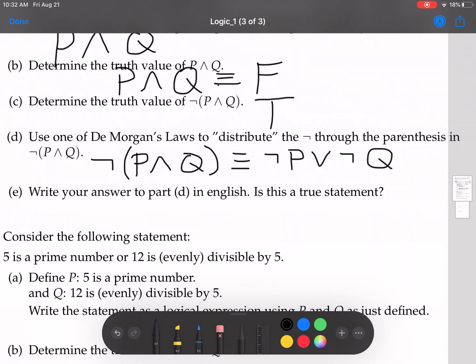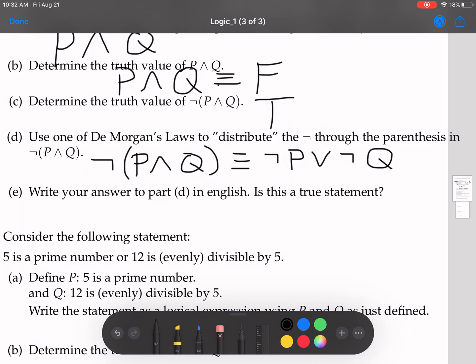So now we'll write this in plain language. Remember that P is 5 is a prime number, and Q is 12 is (evenly) divisible by 5.